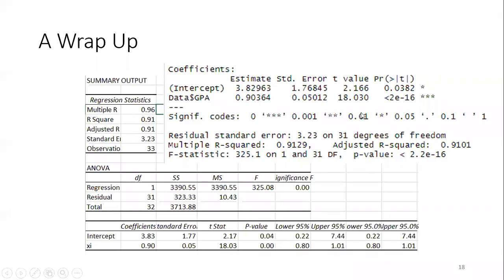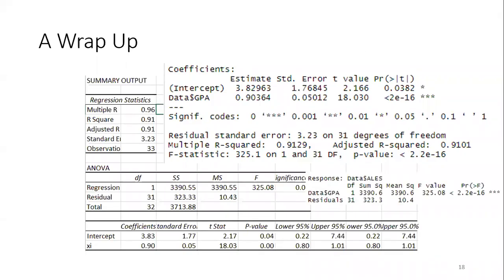And you also have an ANOVA table in R. As you see, it doesn't give you the total part, but it just gives you the regression sum of squares, which is 3,390. And then the residual sum of squares is here.